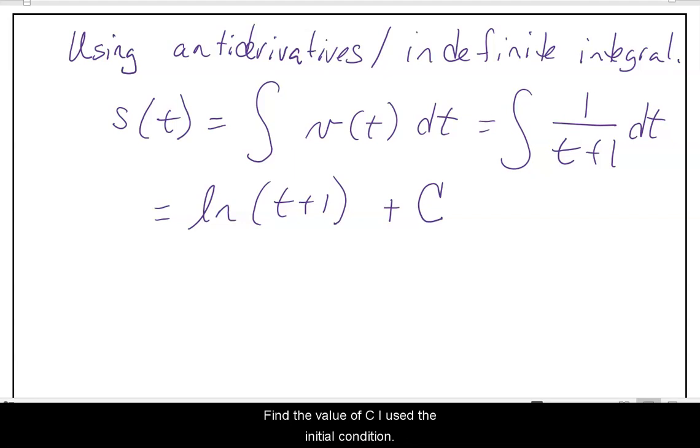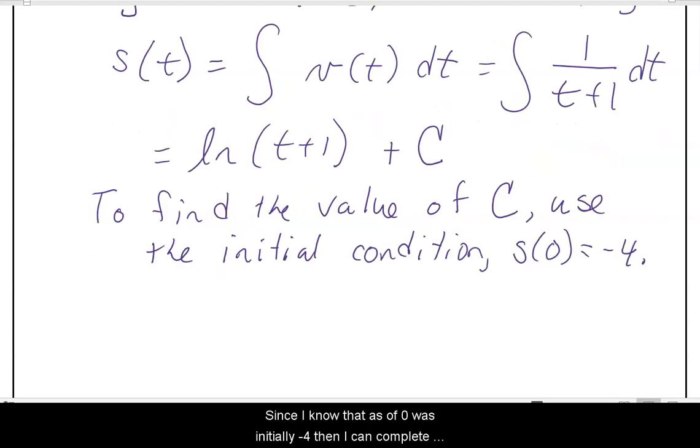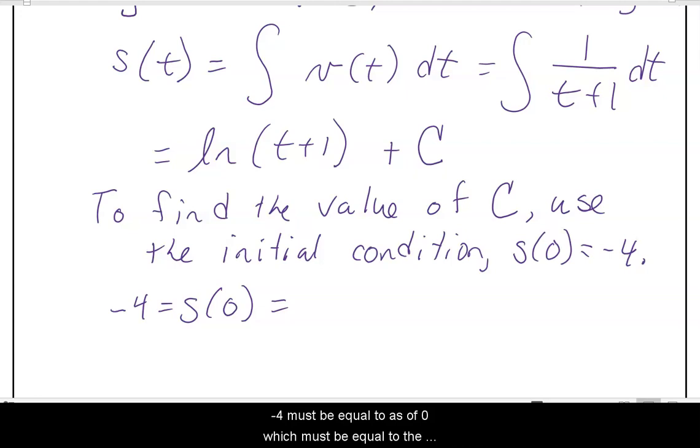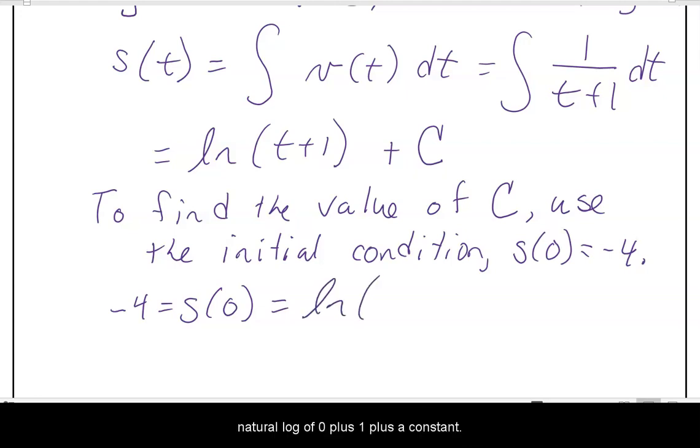To find the value of c, I use the initial condition. Since I know that s of 0 was initially -4, I can complete this by plugging that in. -4 must be equal to s of 0, which must be equal to the natural log of 0 plus 1 plus a constant.